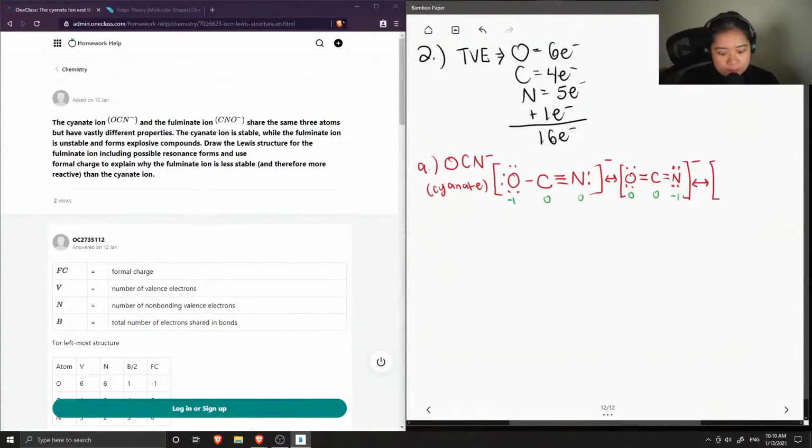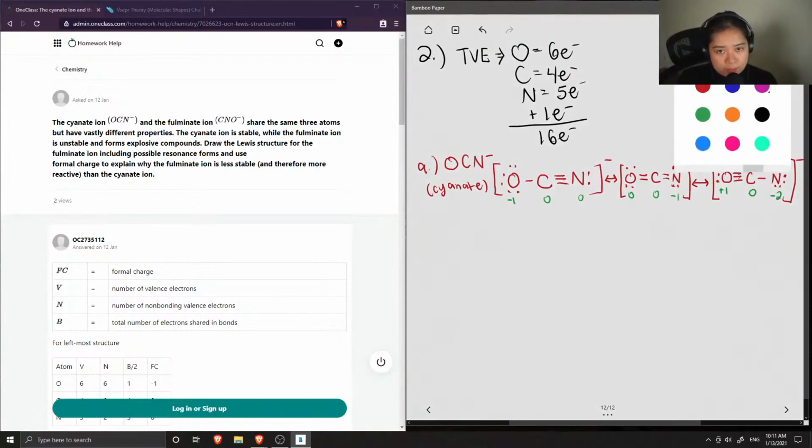And then lastly, we could have a triple bonded oxygen and a single bonded nitrogen. And if we were to calculate all the formal charges for the atoms, this oxygen will have a +1 charge, carbon is still neutral, and this time our nitrogen has a -2 charge.